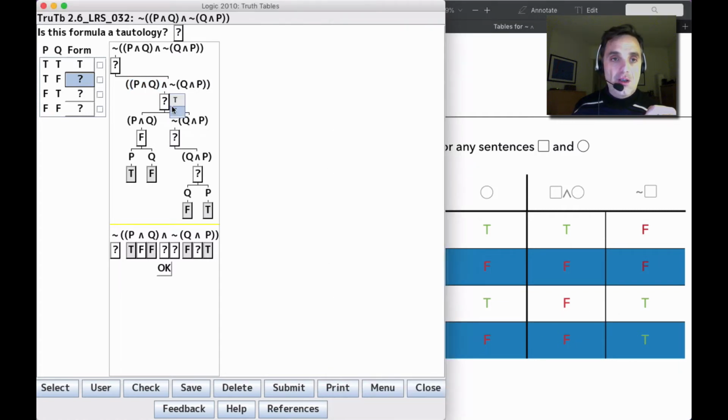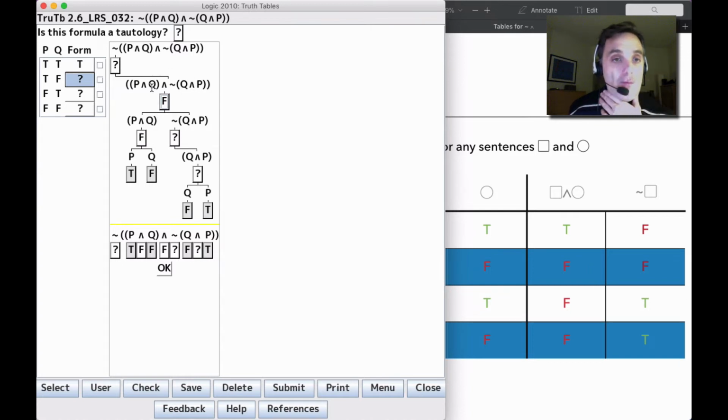So we can just say false here. That's nice, we don't need to fill these in. It doesn't matter if this comes out true, this is false. If this comes out false, this is still false because we have false over here. So we don't need to do these parts because this tells us already that the conjunction is false.